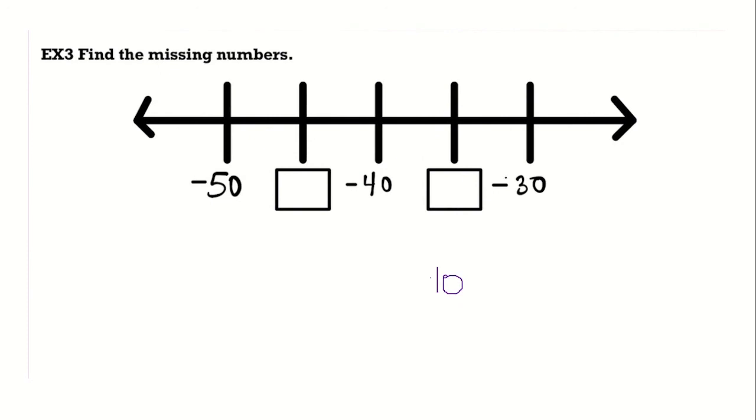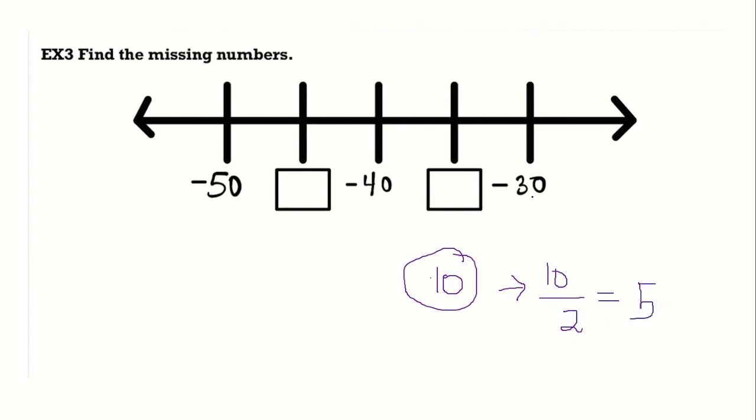Since there are two spaces in here, that means that the 10 will be equally divided by 2. So that must be a 5.